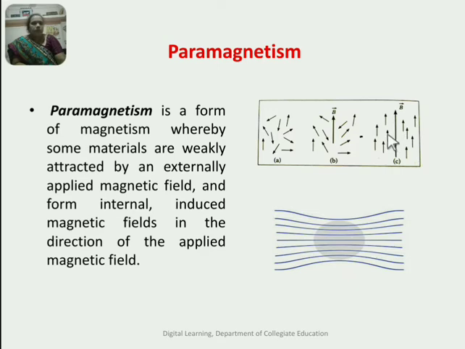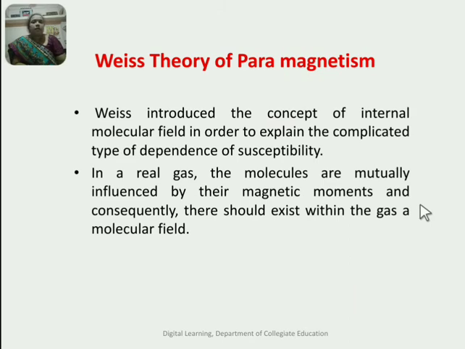Such materials are known as paramagnetic materials. So students, paramagnetism is a form of magnetism whereby some materials are weakly attracted by an externally applied magnetic field and form internal induced magnetic fields in the direction of the applied magnetic field.